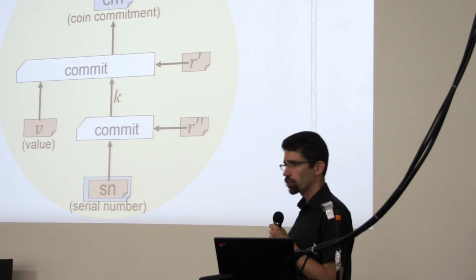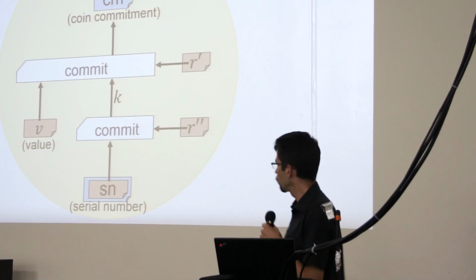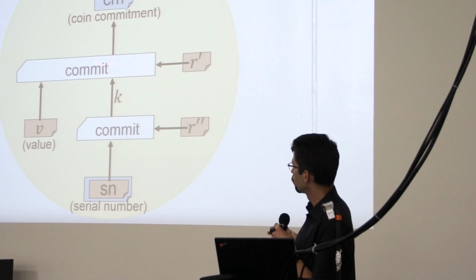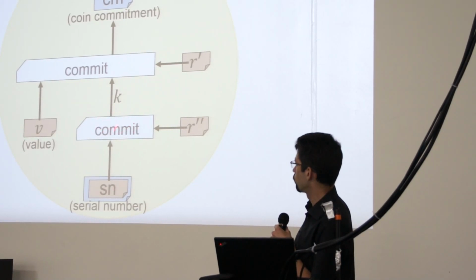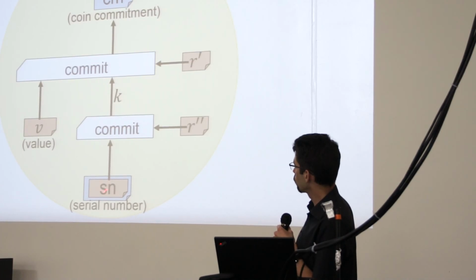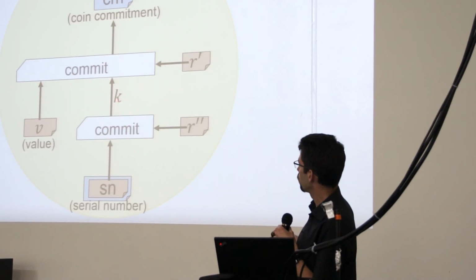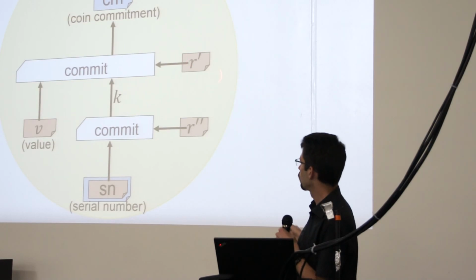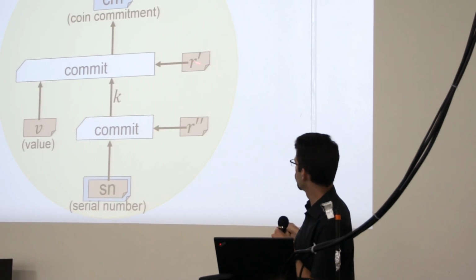Another change that we'll have to do is instead of having the serial number go straight into that commitment, we're now going to have another intermediate commitment. So the serial number is committed into a value k, using commitment randomness R double prime, that gets committed into the final CM using a commitment randomness R prime.